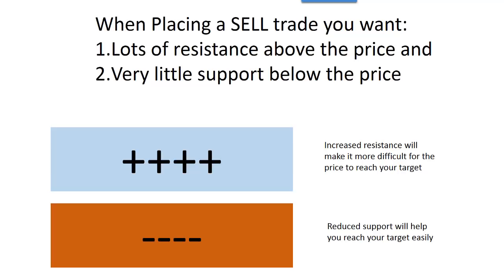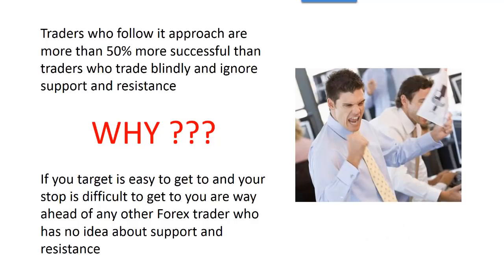Now, this indicator again makes all of this possible. We have found that traders that use this approach are 50% more successful than traders who blindly ignore support and resistance. If your target is easy to get to and your stop is difficult to get to, then you are way ahead of other Forex traders who ignore this concept.